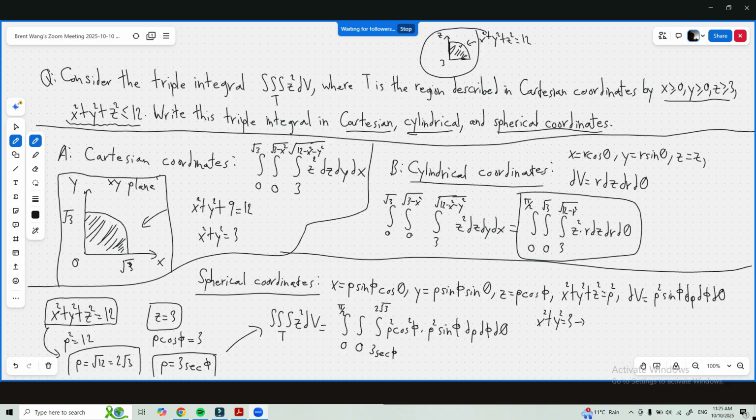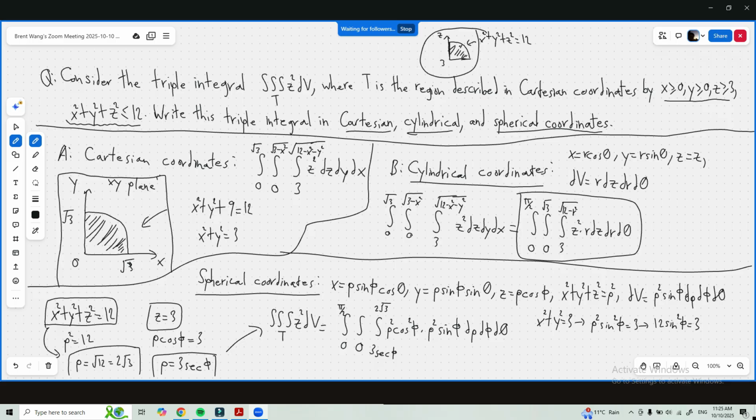Which means that when you do this in spherical coordinates, we have rho squared sine squared phi is equal to 3. We found out that rho is 2 root 3. So that's 12 sine squared phi is equal to 3.